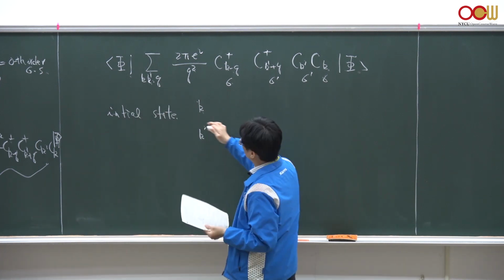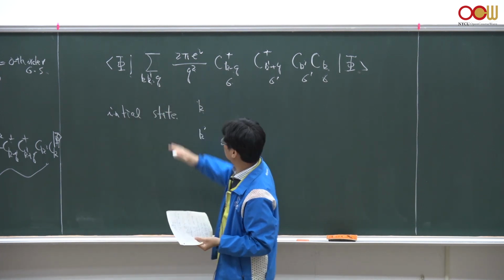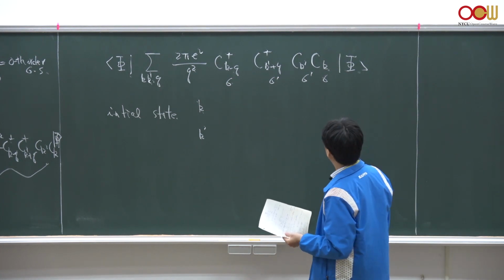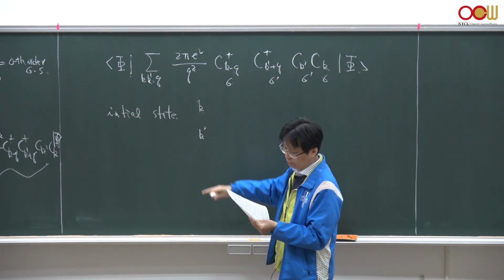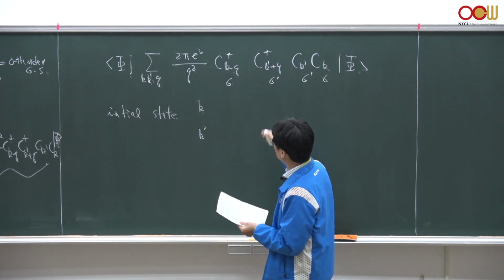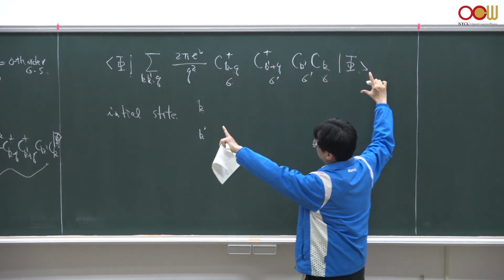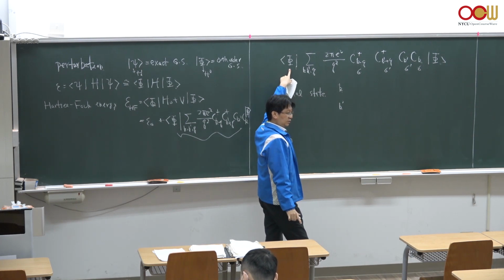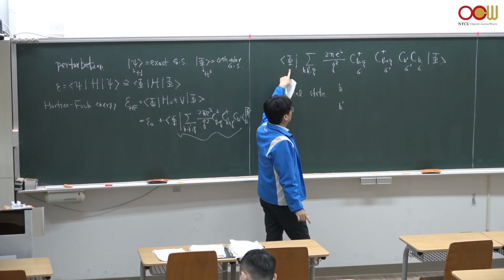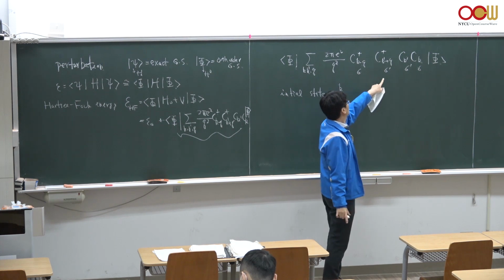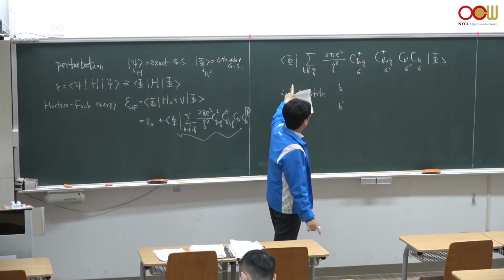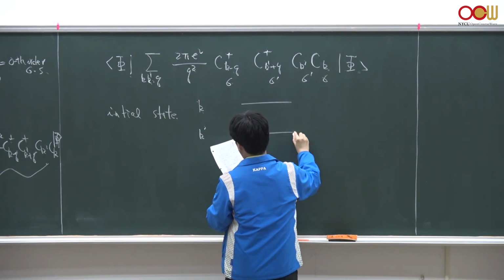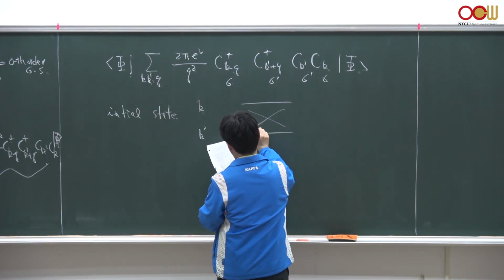So we should sum over k' and q, but we should find the relation between the two initial states and two final states so that when we sandwich this by phi, you get non-zero. If we don't properly choose these initial and final states, then this matrix element vanishes. This is the thing that we need to pay attention to.